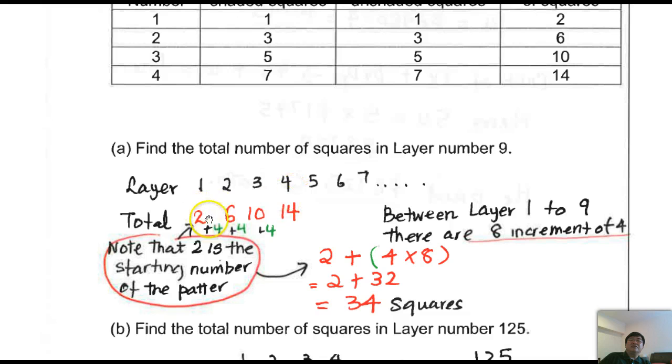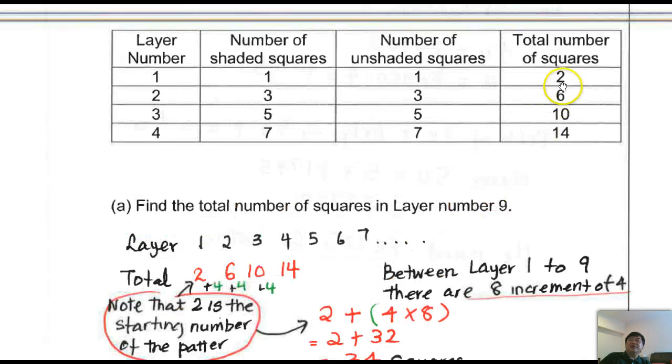Now this 2, 6, 10, 14 is taken from here. So one layer is 2, 2 layers is 6. Look here, one layer is 2, 2 layers is 6, and so on. Now take note that there is this increment of 4, increment of 4, increment of 4.